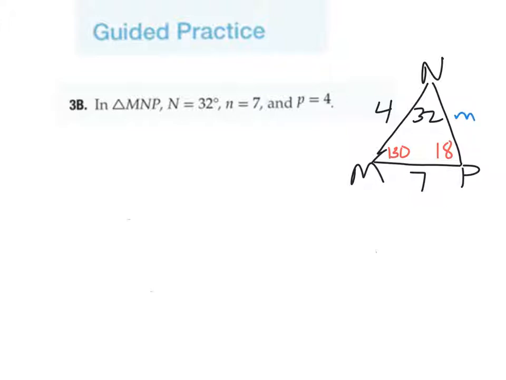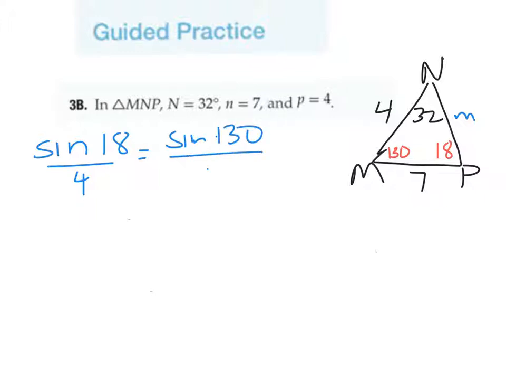So I'm going to use the sine of P, which is 18 over 4, to equal the sine of M, which is 130, over the little m, because that's what we're trying to find. So now, once again, we have it on the denominator, so these two switch spots, and we multiply by 4.